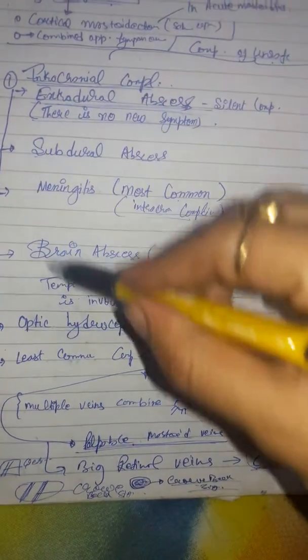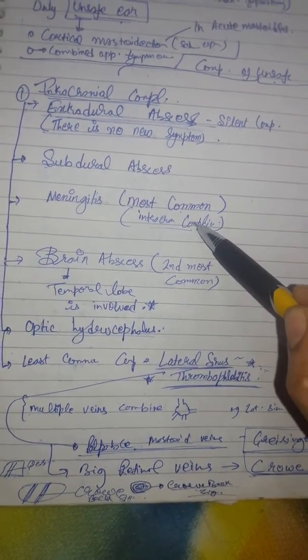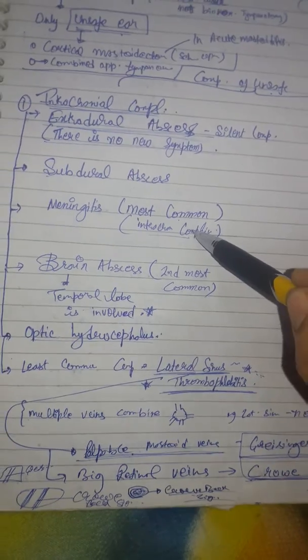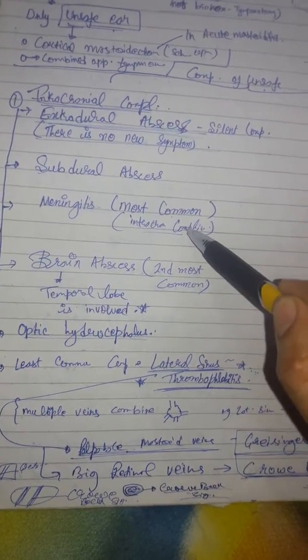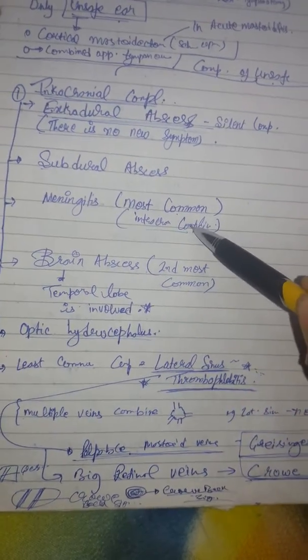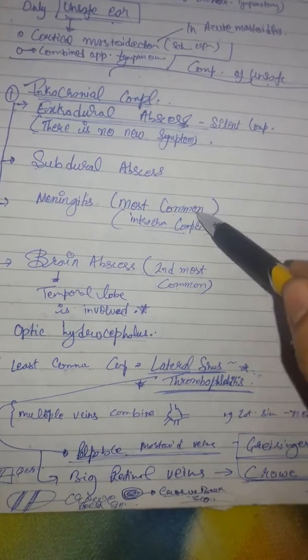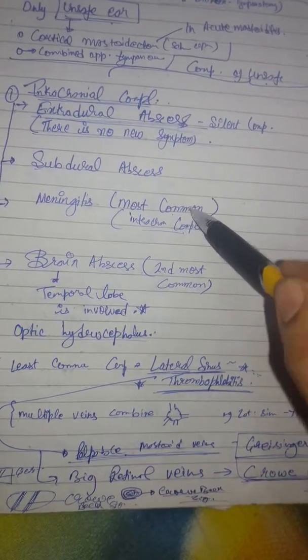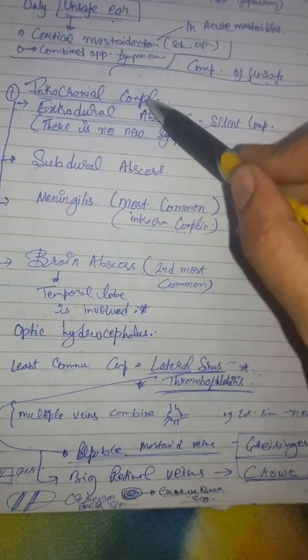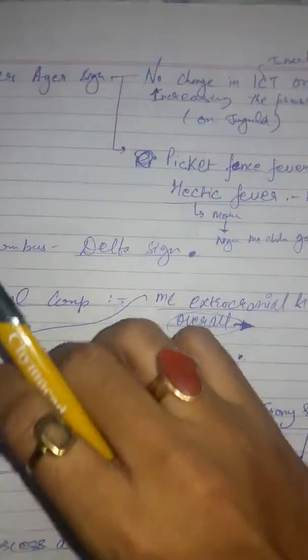The most common intracranial complication is meningitis, and the most common extracranial complication is mastoiditis, and the most common overall complication of unsafe CSOM is mastoiditis. Mastoiditis is the most common extracranial as well as overall, while meningitis is the most common intracranial. This question is very basic, and we cannot afford to get it wrong in our exam.